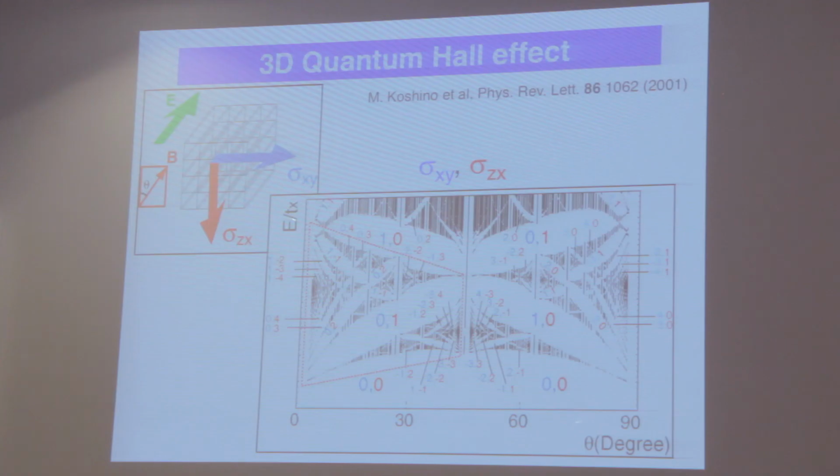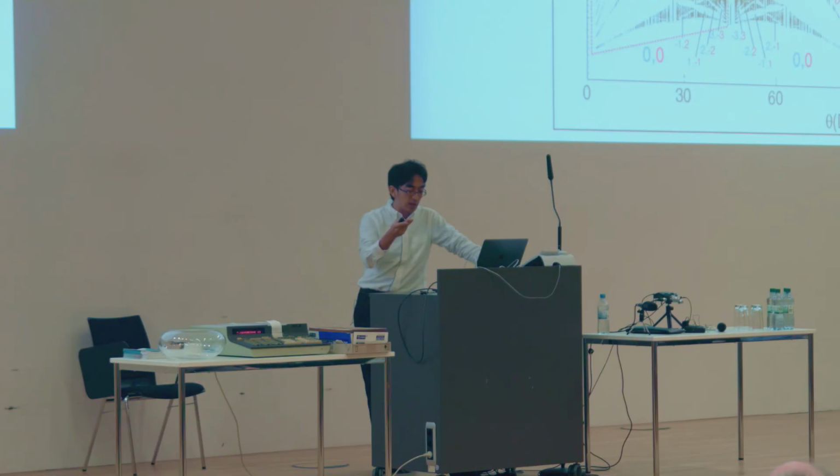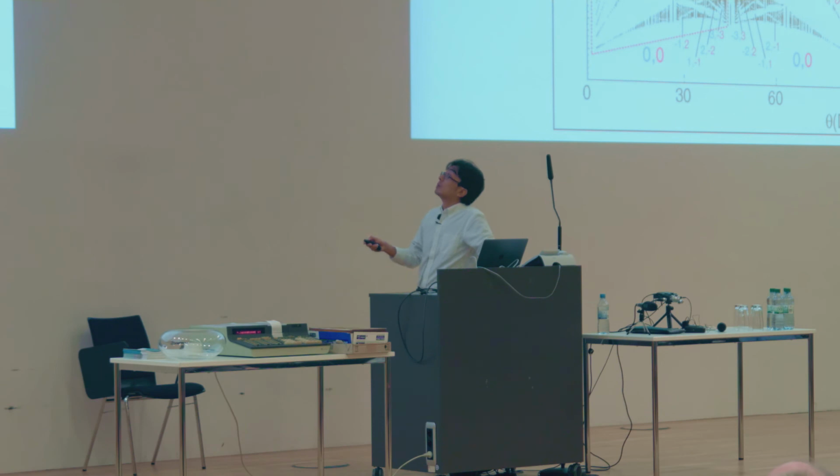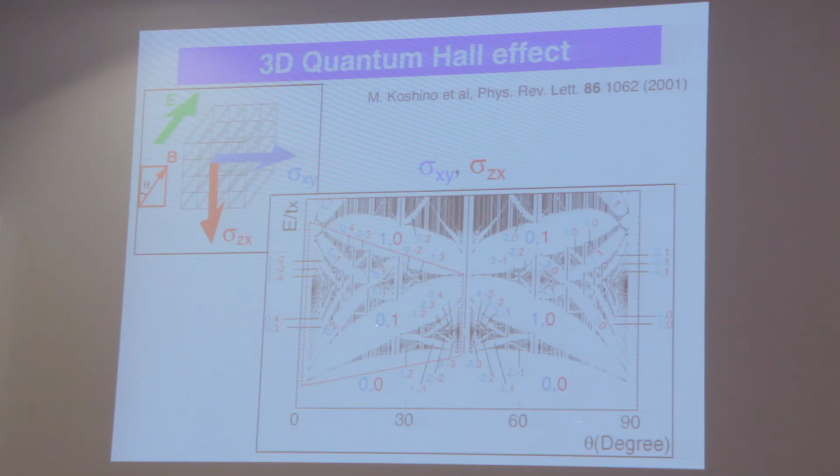So now this is a three-dimensional system, so the quantized Hall conductivity is a tensor. We have three different components: sigma xy, yz, and zx. Two of them are actually quantized in the gap, like this. So this is another thing. This is some actual realization of a three-dimensional quantum Hall effect, which was realized in an old paper.